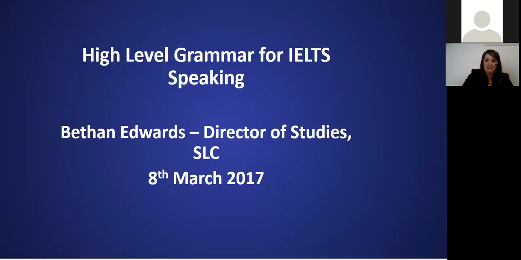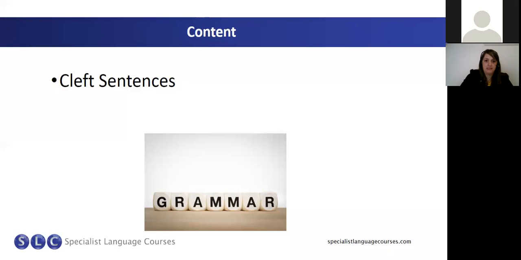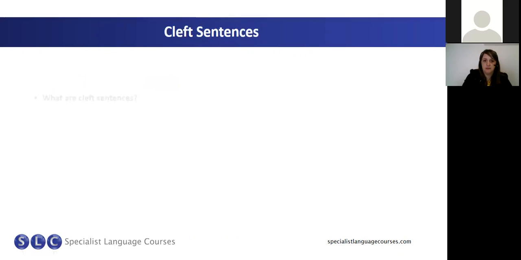So our main focus for high-level grammar today is cleft sentences. We're going to focus on just one area of grammar, and we're going to give you lots of practice in using this particular structure. So what is a cleft sentence?